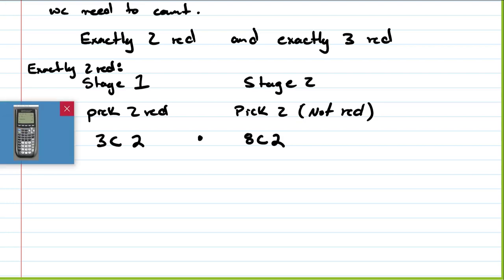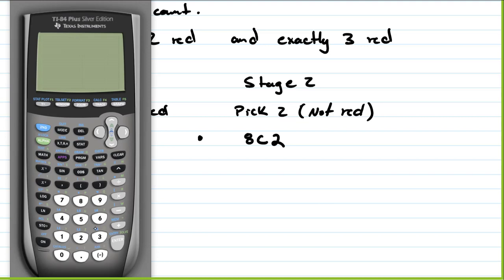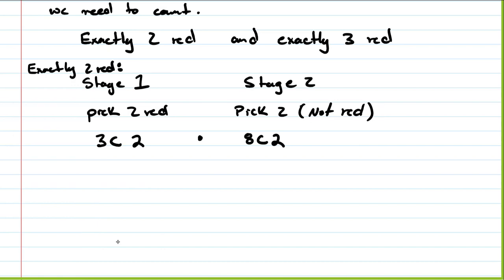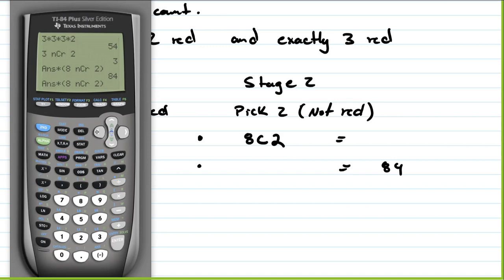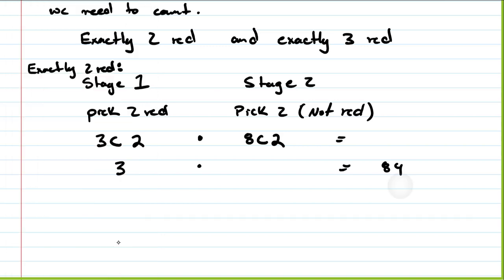All right, so now we need to calculate 3 choose 2, which is going to be 3, times 8 choose 2, and that's going to give us 84 different ways.